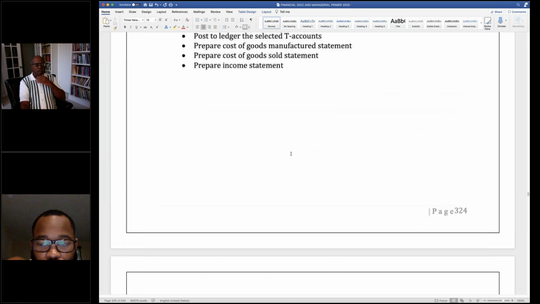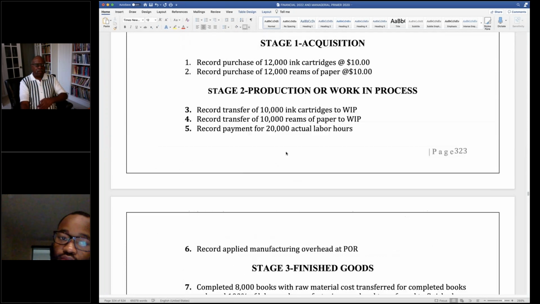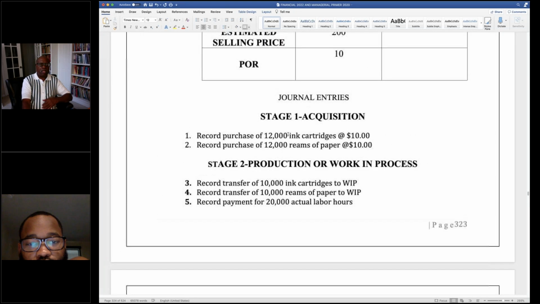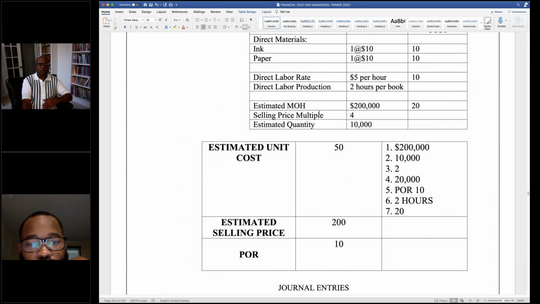Now let's move on to entry 3. Stage 3, record the payment of 20,000 actual labor hours. The workers were paid $5 per hour.